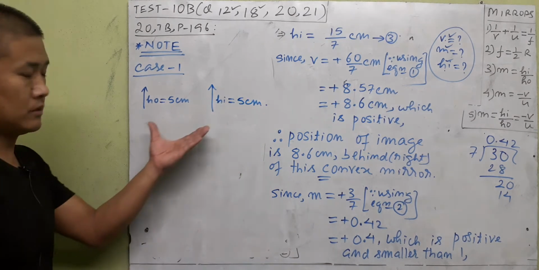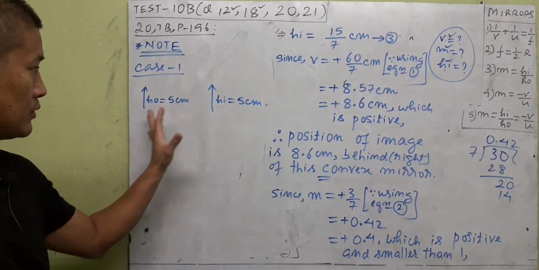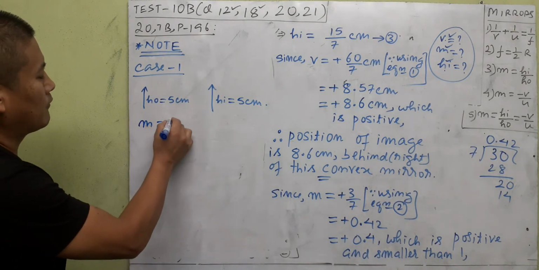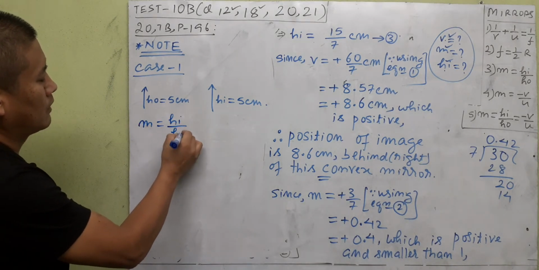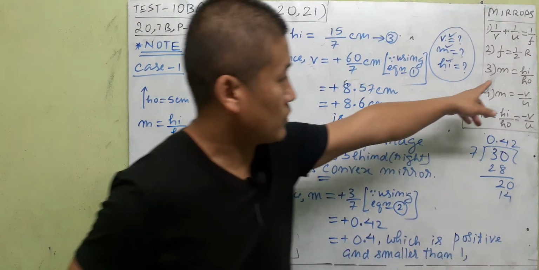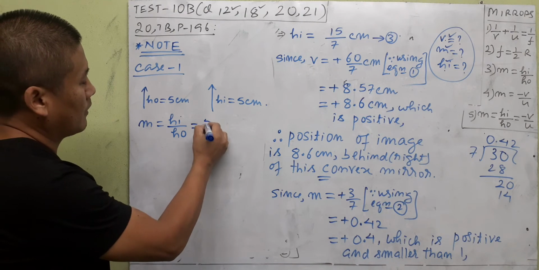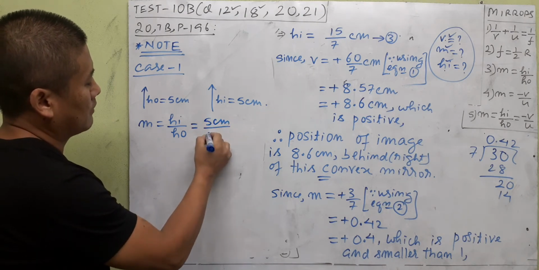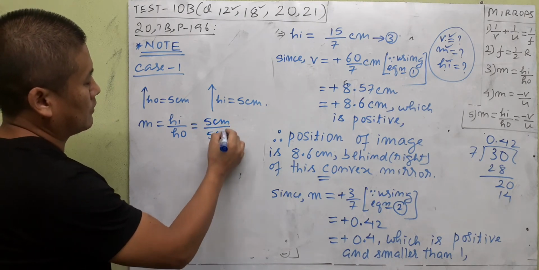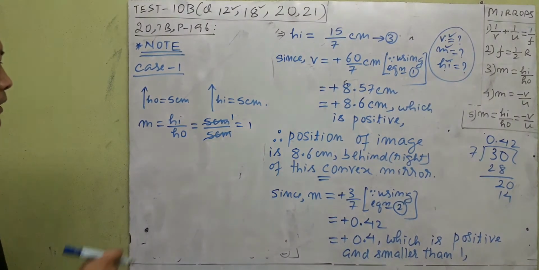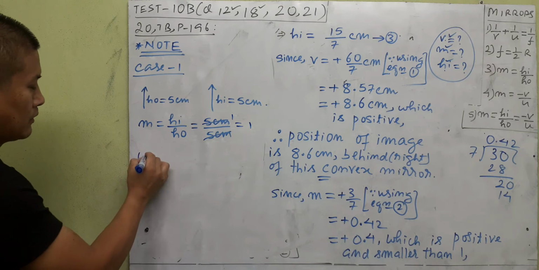So by common sense also we know the sizes of the image and object are exactly equal to each other. Then what will the M be? We know the M formula is HI by HO, as you can see here, formula number 3. Now how will this M tell you the nature? Look here, 5 centimeter by 5. So these two cancel, means 1 is left.